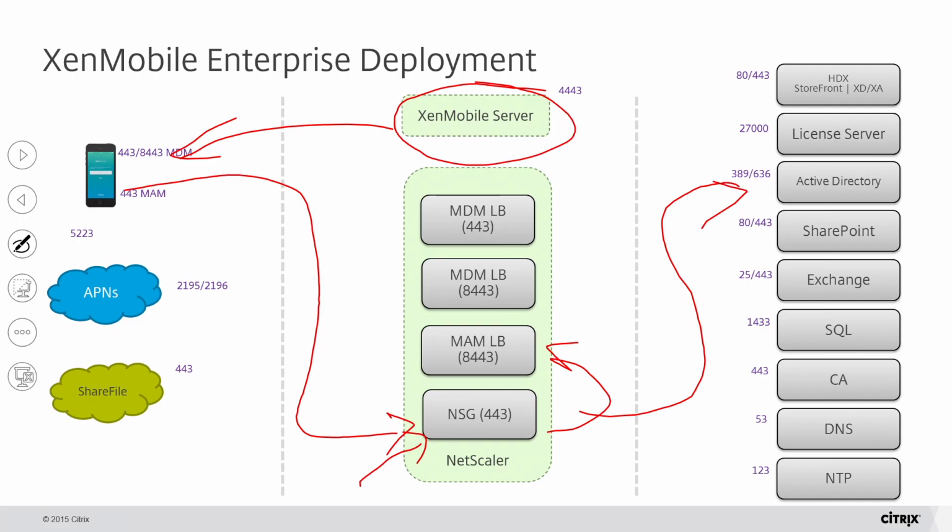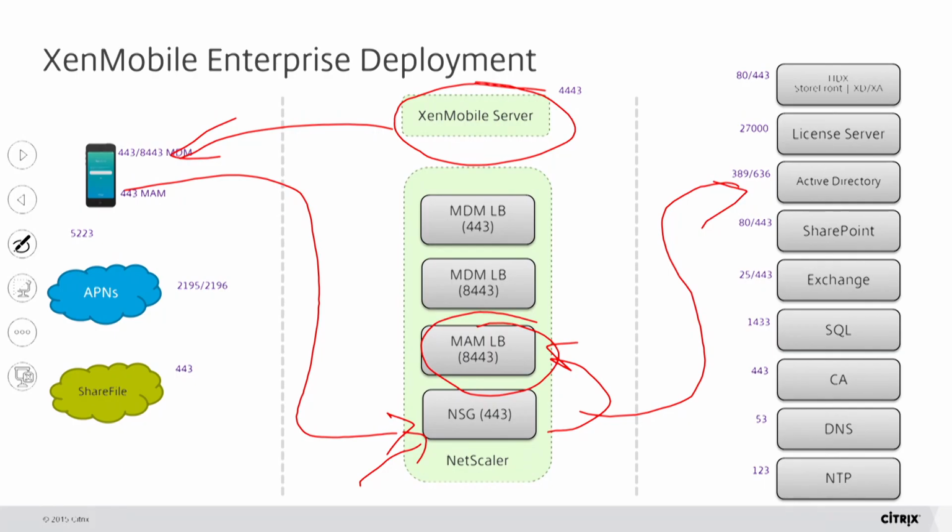Now, this particular load balancer, one of the key things that I want to make sure everybody understands is the IP doesn't have to be a public IP. It could be an internal IP, but it has to be part of the private address scheme.